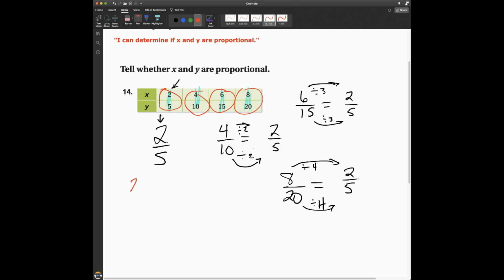Another way would be, let me just set these proportions up that I think might be proportions, and let me use a cross products property. If these two end up being equal, then I need to take one of them. Maybe I take this one. You could have used the other one, and I check it with this one. Because if these two are equal, then it doesn't matter which one I pick to check.